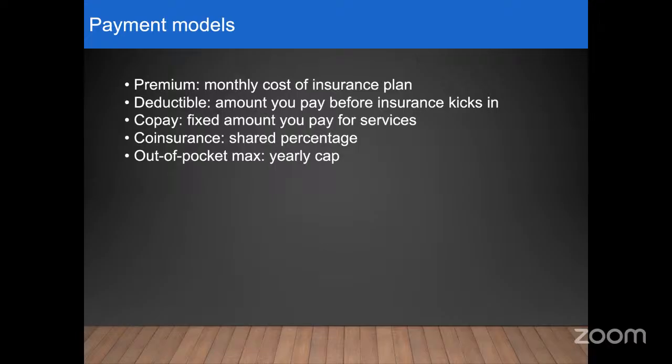And you have co-pays, which is a fixed amount that you pay for services such as doctor visits, outpatients, etc. And you have co-insurance, which is the percentage of the cost you pay after your deductible. And the out-of-pocket max, which is the maximum amount you'll pay in a year, after which the insurance covers all costs.